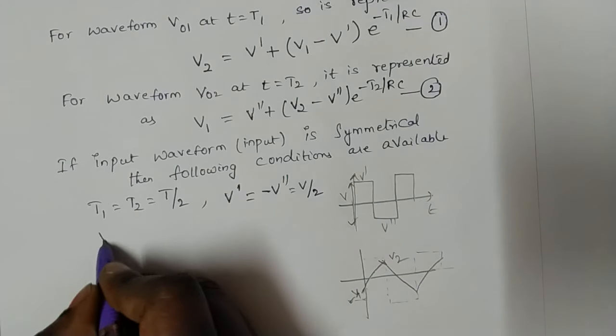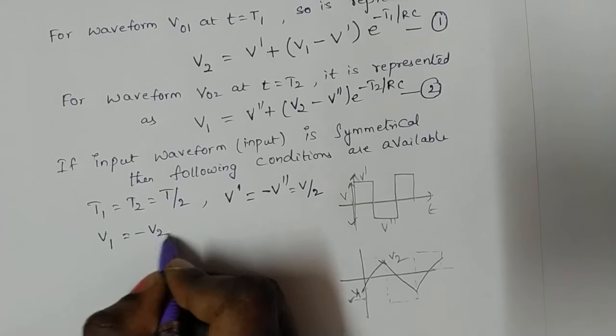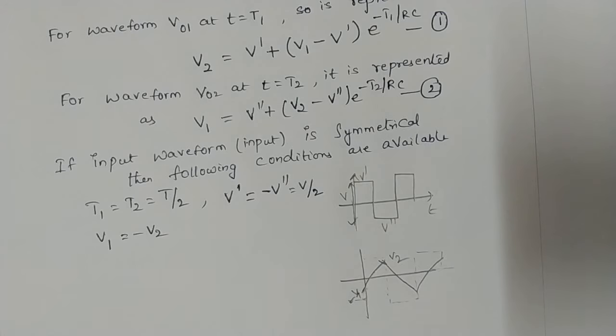Represent this as V1 equal to minus of V2. These are the conditions. If the input waveform is a symmetrical waveform, they will be applied automatically.